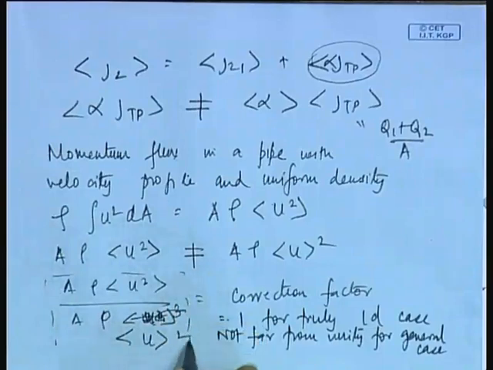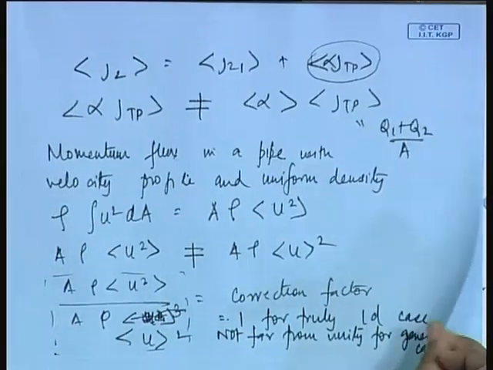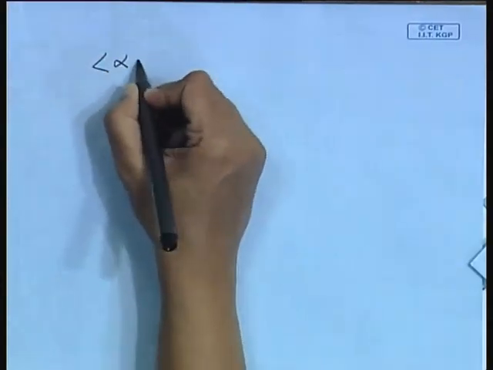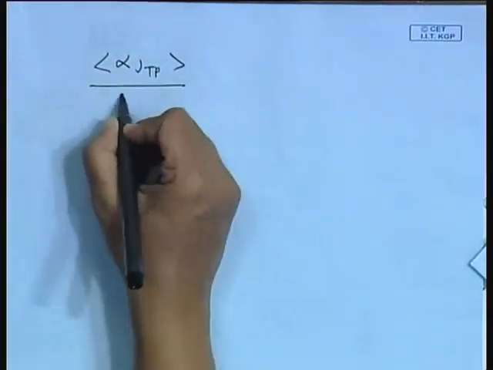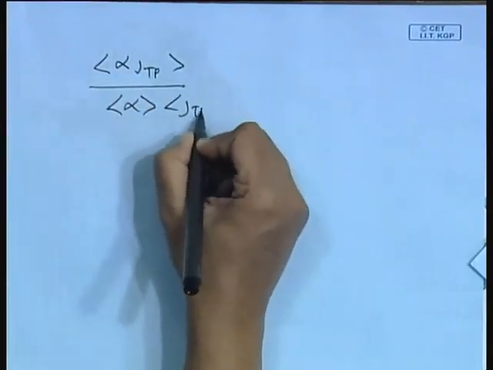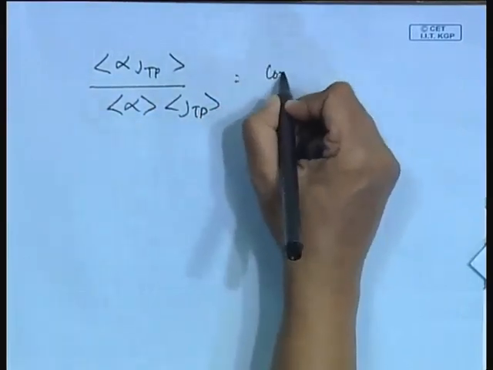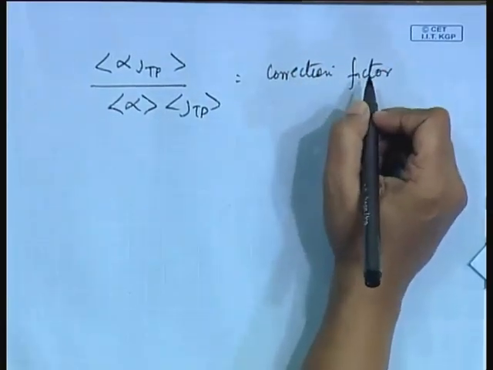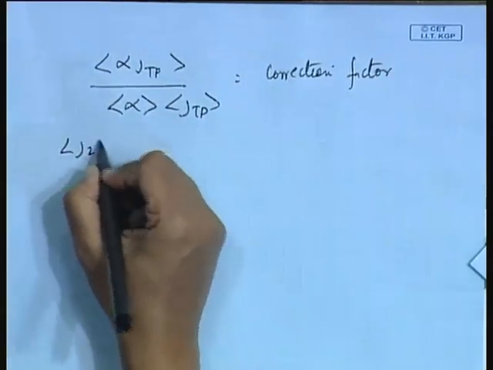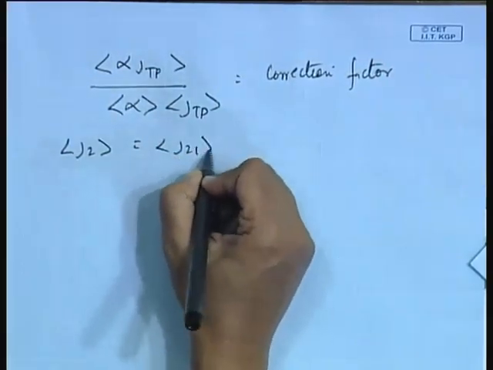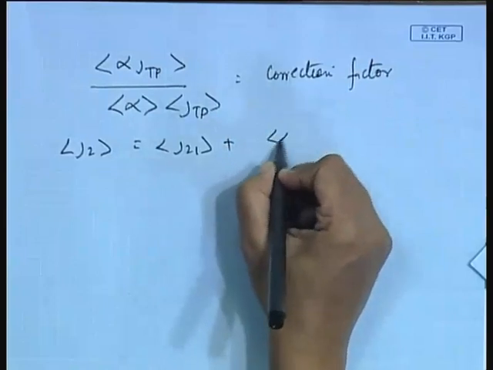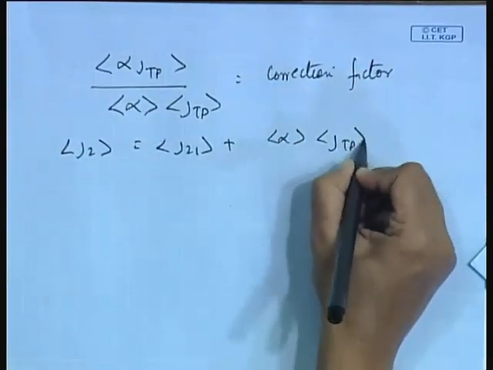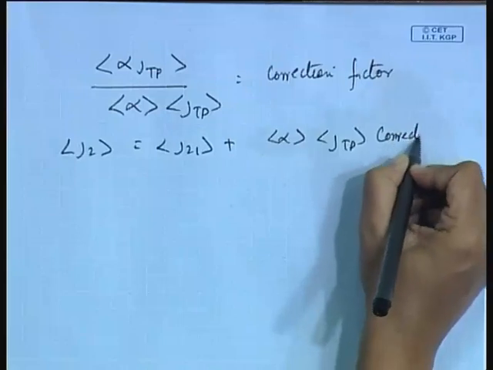By using this concept, in the same way, we can refer to this ratio as a correction factor, and then using the correction factor, we can write the equation as J2 equals J21 plus alpha JTP into the correction factor.